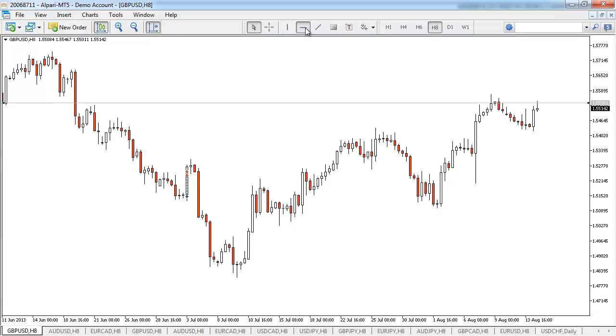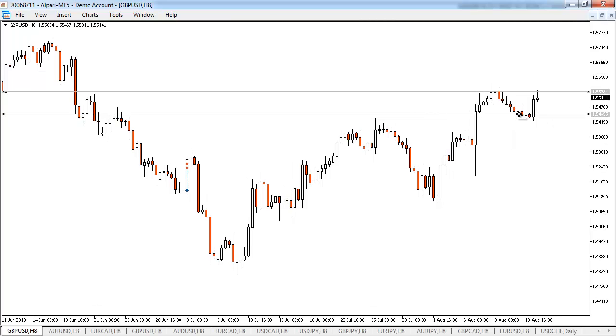Okay, I am thinking probably around about here. See this recent bounce here? Always try to look for the more recent bounces. Recent data is always the most important data. See that bounce there? I'm going to place it based on that. And there's also a bounce here, and a bounce here.